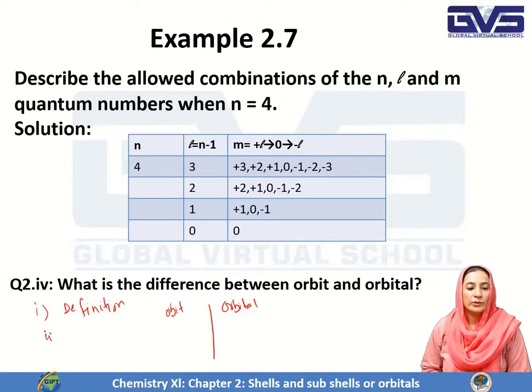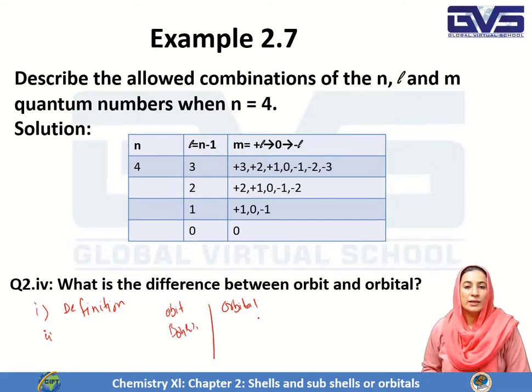The second point you can give is that the concept of orbit was given by Bohr, and the concept of orbital was given by Schrödinger and by quantum mechanics theory. The third, you can give with reference to the number of electrons.